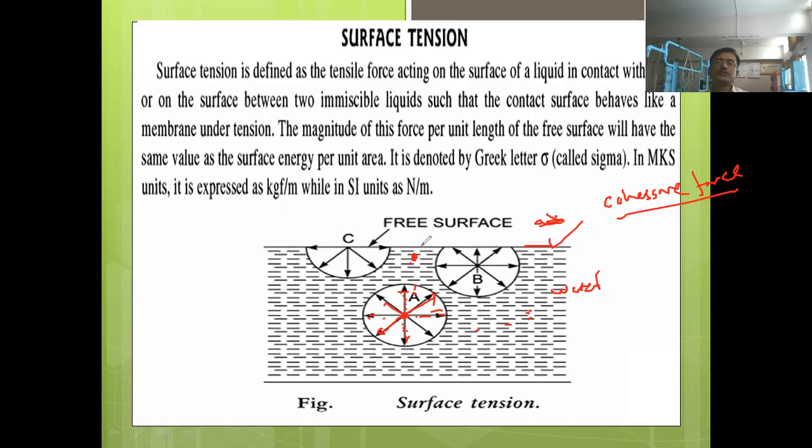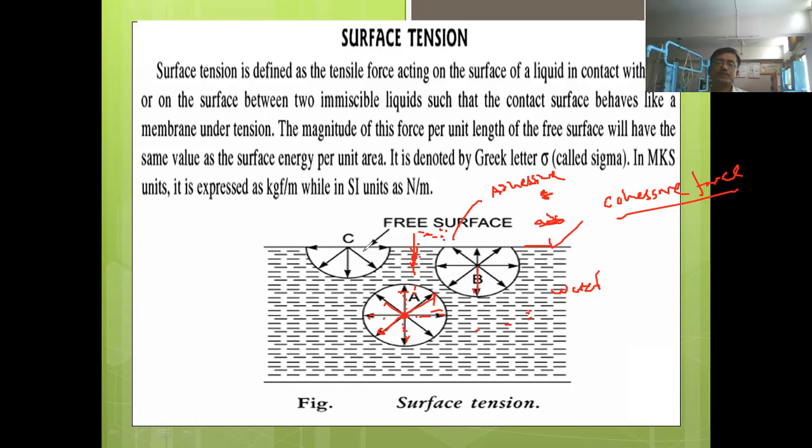It will observe less cohesive force from the upside than the downside, right? From the lower side there will be a little more cohesive force as compared to the top, because above it there is air, and air and water have very little attractive or adhesive force. They are different molecules, so the force of attraction between them will be less.